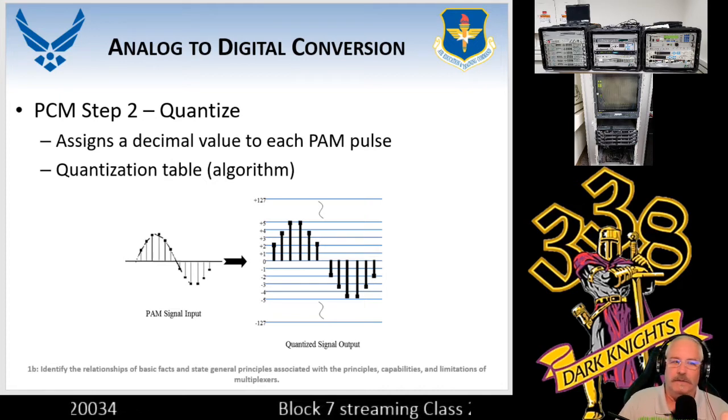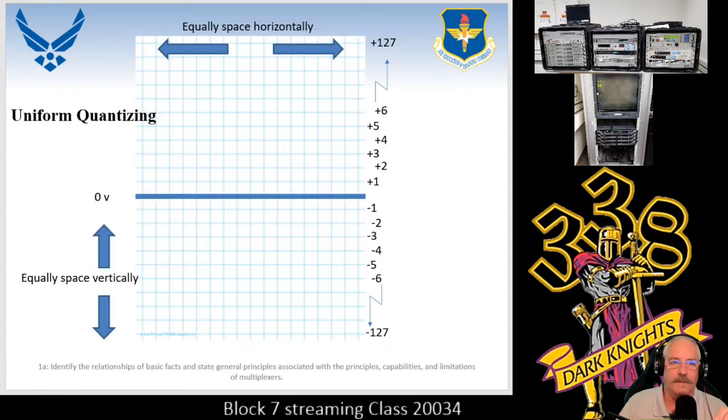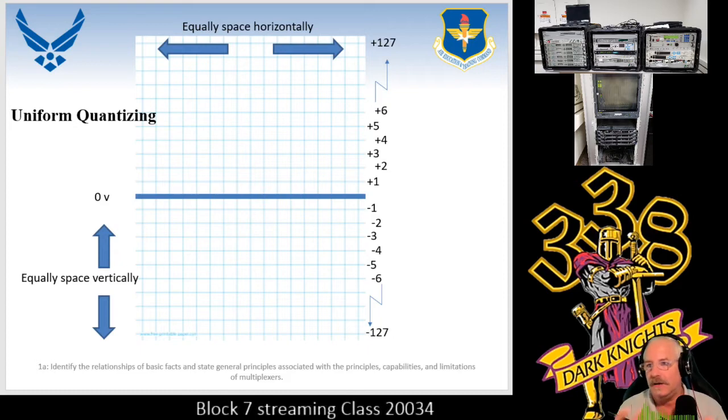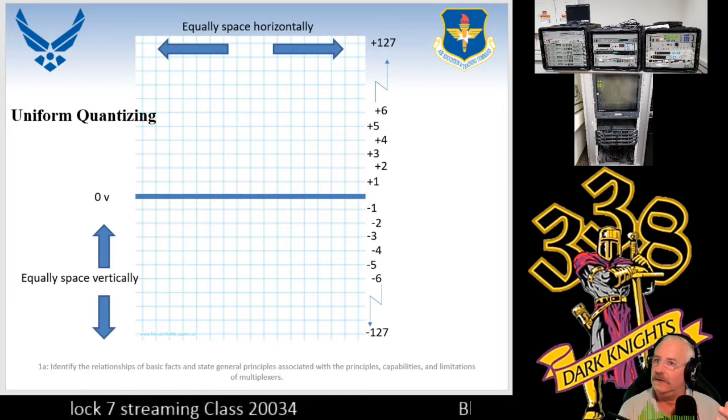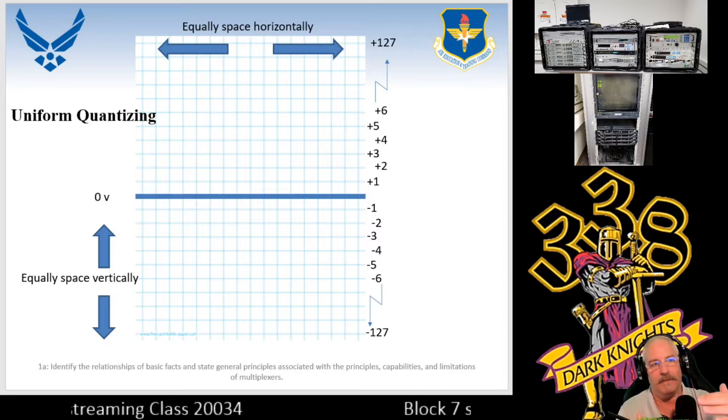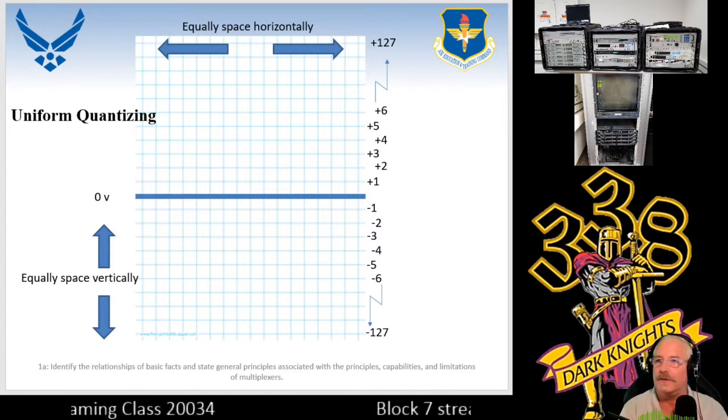On this table, we have a positive 127 and a negative 127. Now with uniform quantizing, I use this particular scenario of showing you a graph paper, and you can see that everything's equally spaced horizontally and everything's equally spaced vertically. So each step from +1 all the way up to +127 is equal in distance, and same with the negative numbers from -1 all the way down to -127.